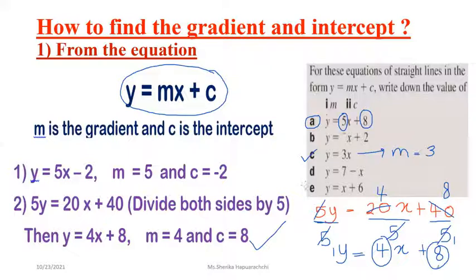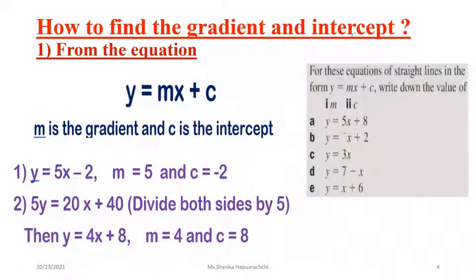When I take my E, now in front of x, I do not see any number. That means it's 1. So my gradient is 1 and the intercept is 6, right? So this is the first method we use to identify the gradient and the intercept when they give the equation, right? Now we'll identify the next two methods.